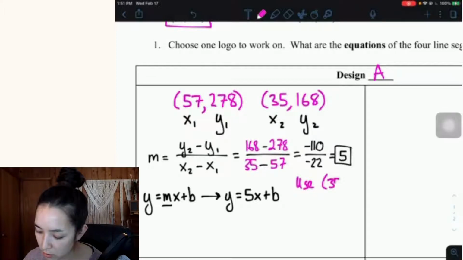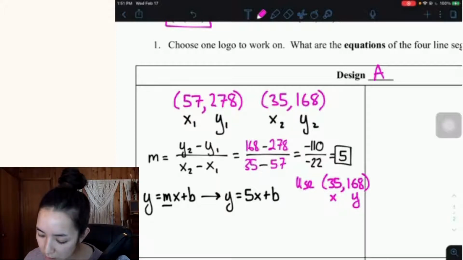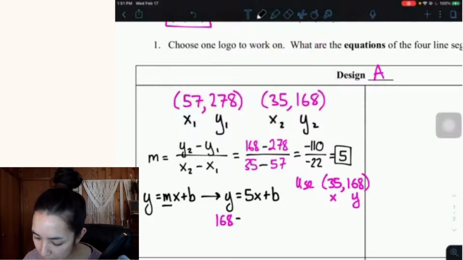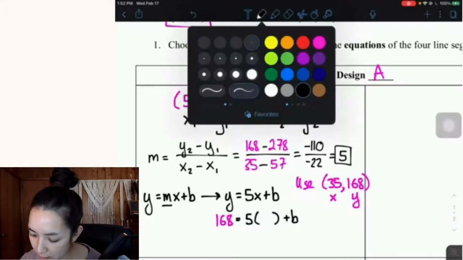We're going to say 35 is x and 168 is y, because that's the order that it always goes in, x then y. So instead of y, I'm going to plug in 168, 5. Instead of x, I'm going to plug in 35.